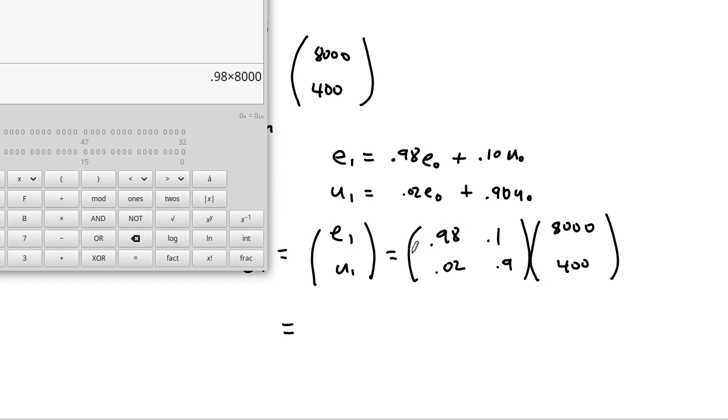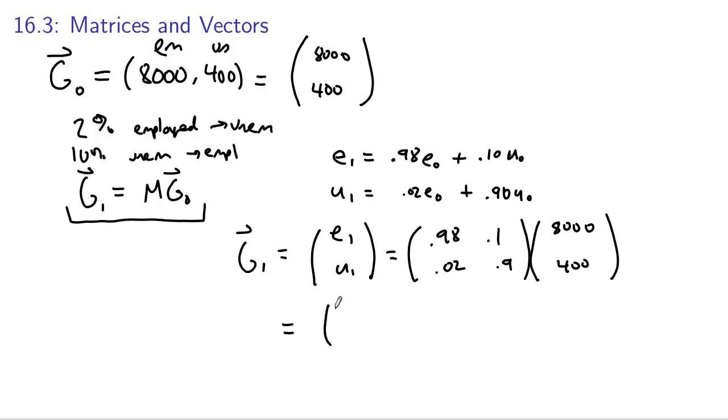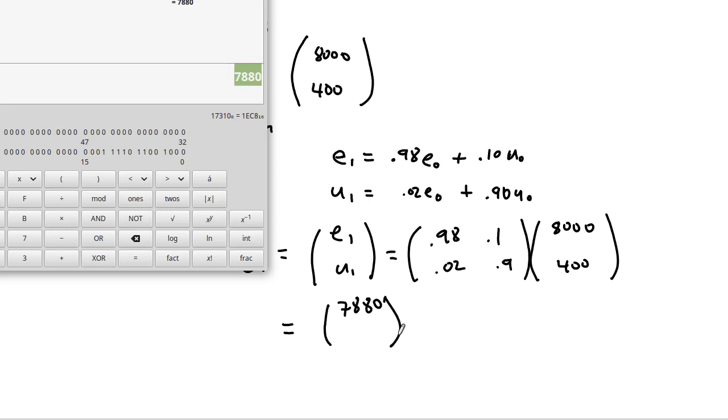So E1 is going to be 0.98 times 8,000 plus 0.1 times 400, so 7,880. And the bottom number, which represents the unemployed, would be 0.02 times 8,000 plus 0.9 times 400, which is 520.